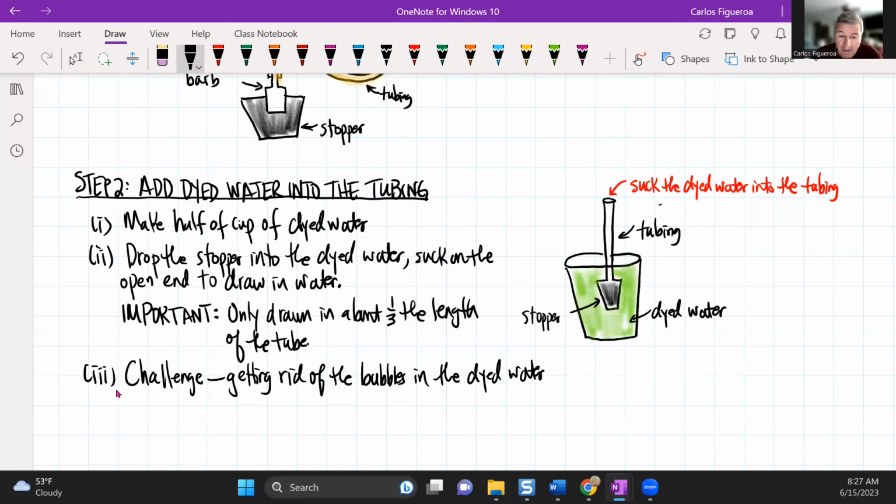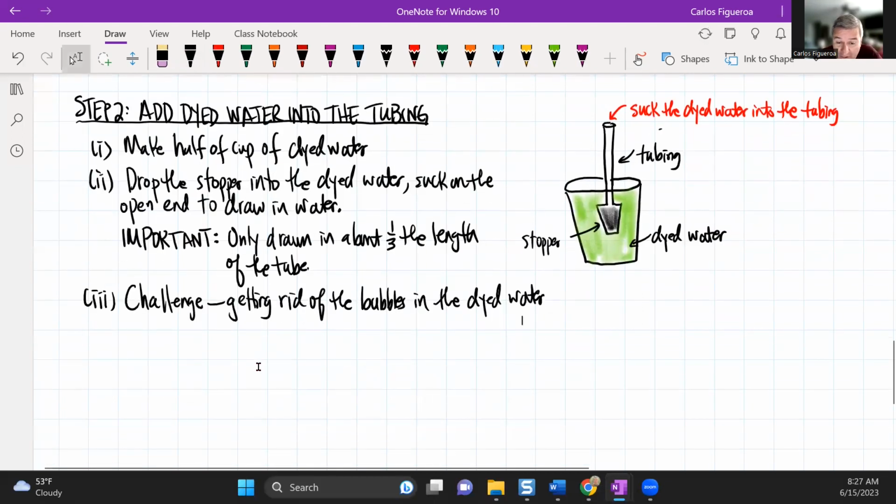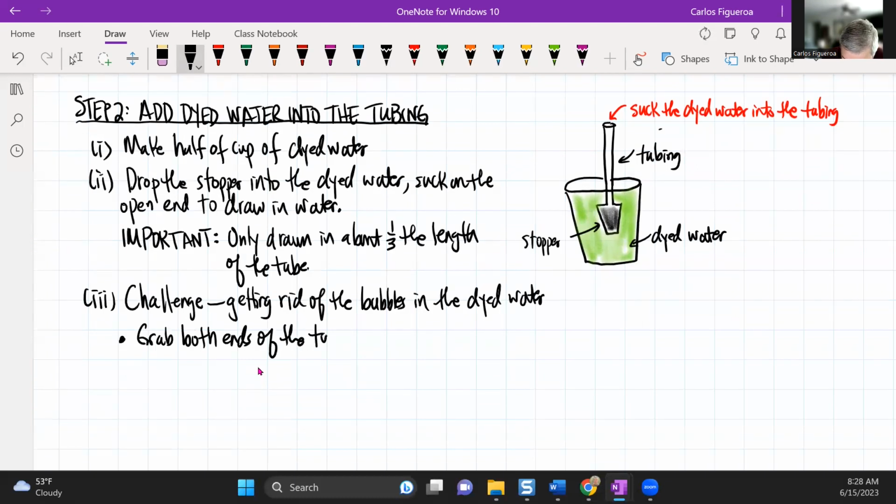Okay, so there's a couple of hints. You can only do the best that you can do, but you really have to get rid of the air to the best of your ability. So what I ended up doing is I took both ends of the tube and started going up and down like this. I grabbed both ends of the tubing and moved them up and down.